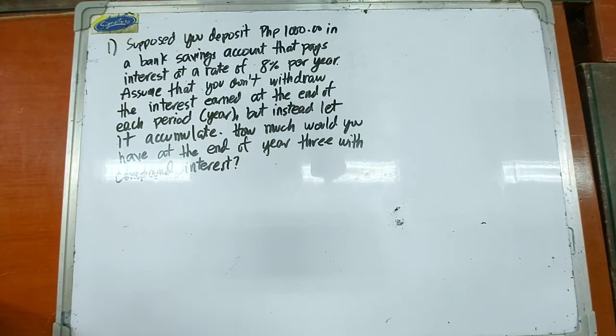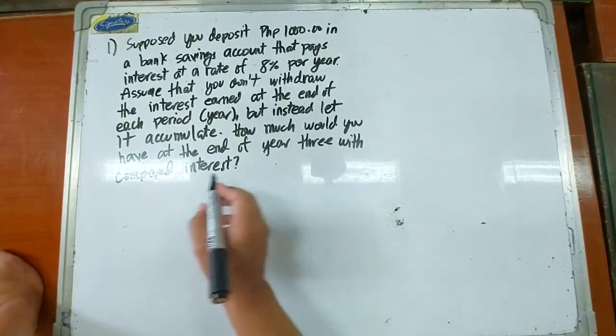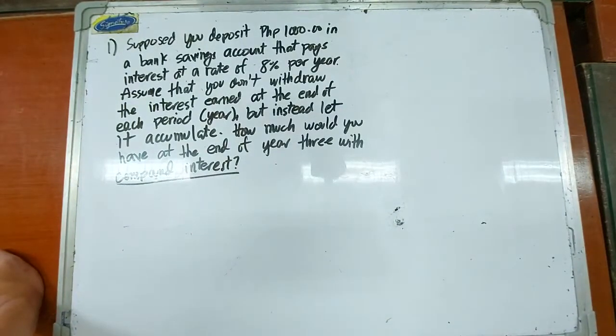Problem number 1. Number 1 is similar to problem number 1 sa previous topic natin, simple interest. We have solved number 1 in terms of simple interest, but this time we solve it in terms of compound interest. And let's try to compare the values later on.